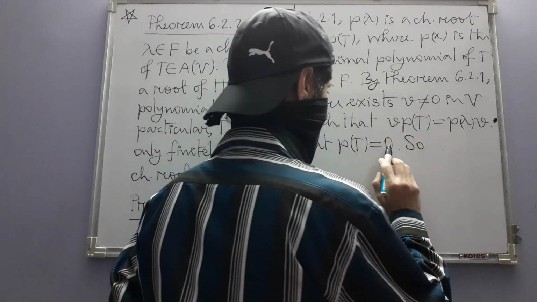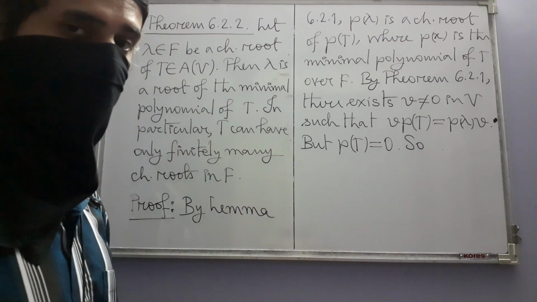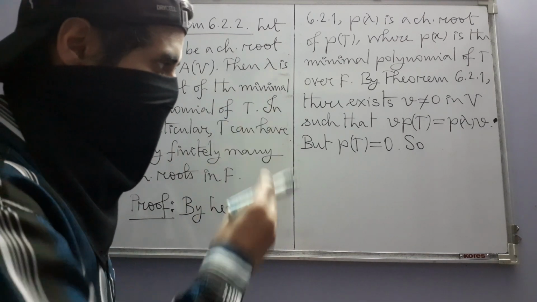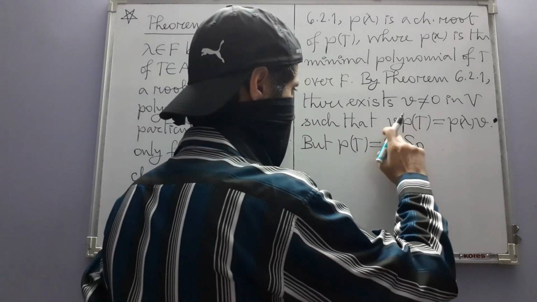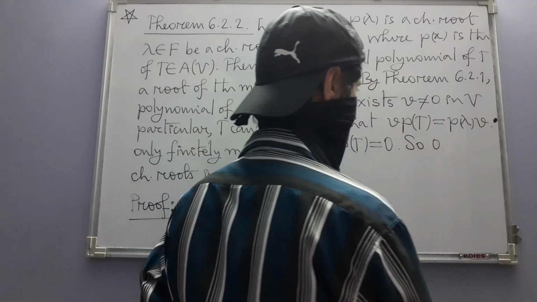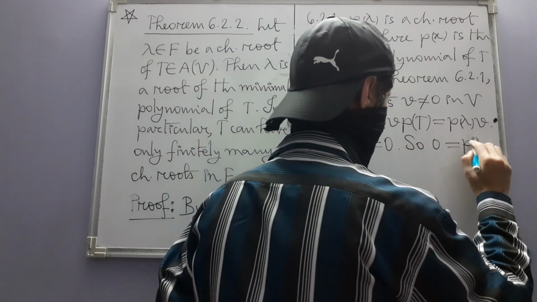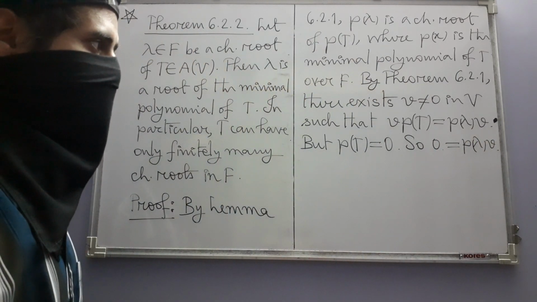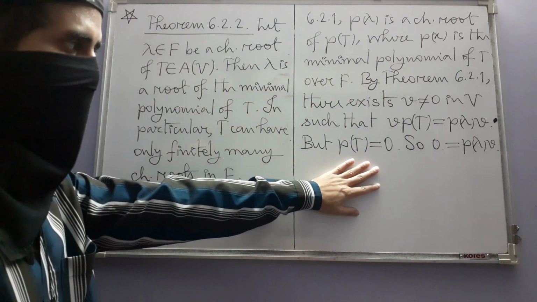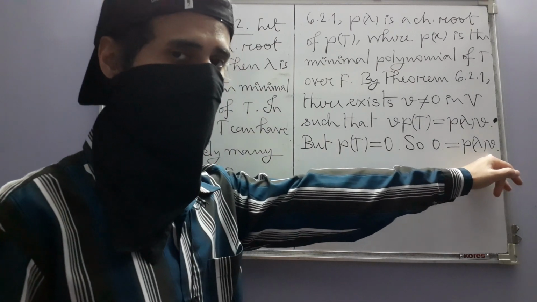And this 0 is what 0? This is the 0 element in the algebra A(V), the 0 operator, which sends every vector to the 0 vector. So, if you apply P of T on v, you are going to get the 0 vector in capital V. That is equal to P of lambda v. Now, let us recall not a result but simply an observation from the beginning of our vector space theory.